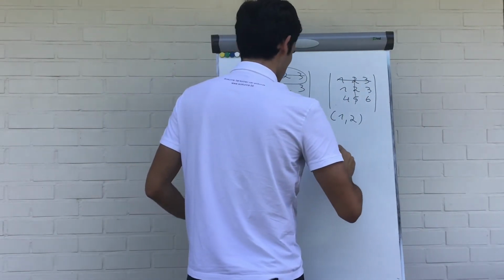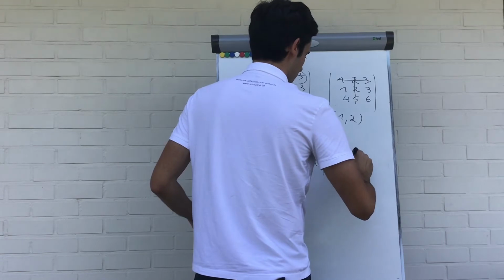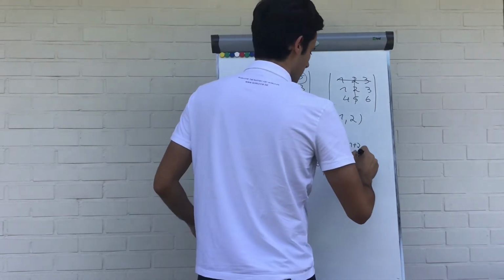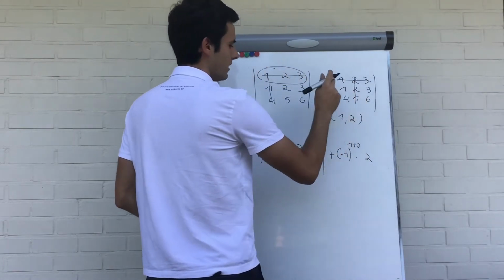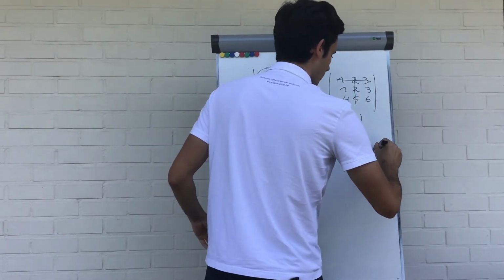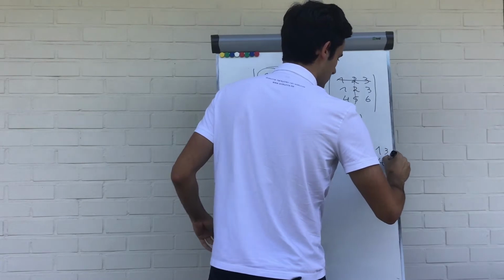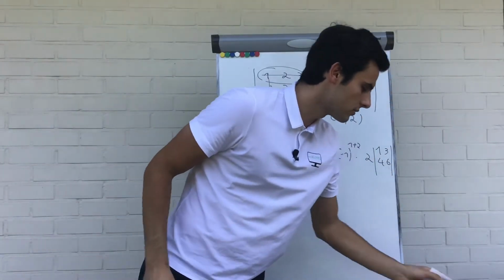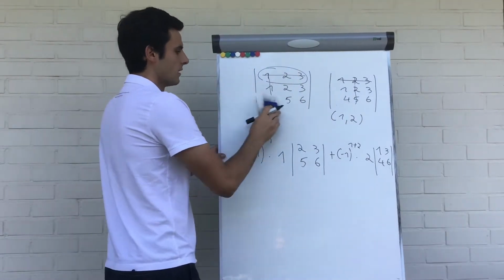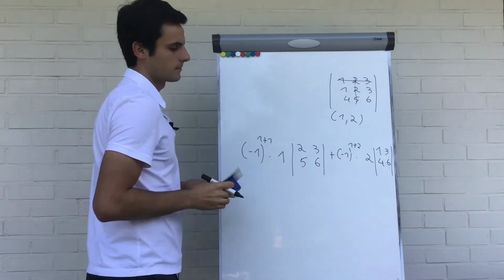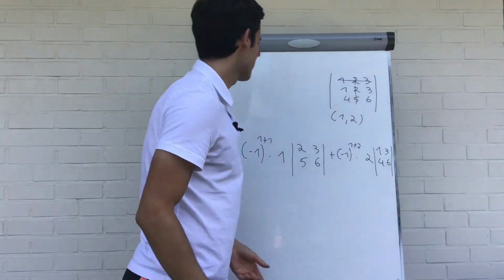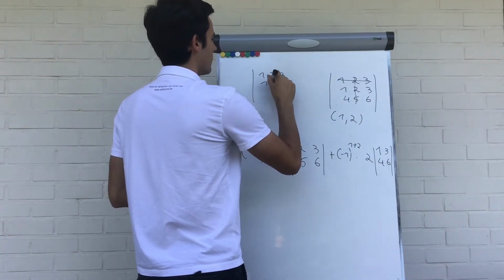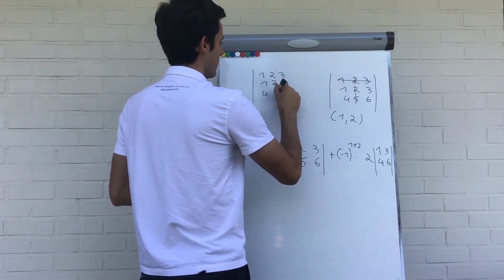So we have plus minus 1 to the power of 1 plus 2, row number plus column number, multiplied with 2, the number that's here, multiplied with the determinant of 1, 3, 4, 6. Okay? Then I will rewrite the determinant to make it more visible. So we have 1, 2, 3, 1, 2, 3, 4, 5, 6.